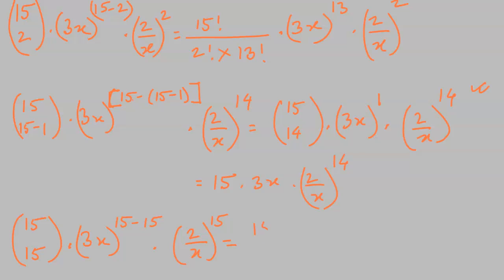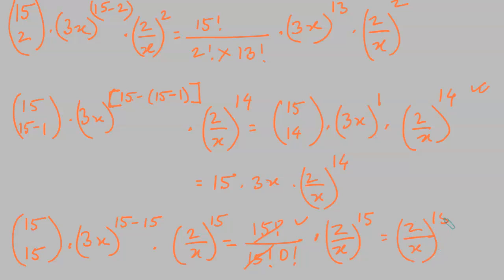It is 15 factorial over 15 factorial again, and 15 minus 15, that is 0 factorial. And these two will be getting cancelled, and 0 factorial is 1. So this is equal to this times 3x to the power of 15 minus 15 is 0. Anything raised to the power of 0 is 1, and 2 over x to the power of 15. So this is getting multiplied by 2 over x to the power of 15. And this part is 1, so this is in fact equal to 2 over x to the power of 15.